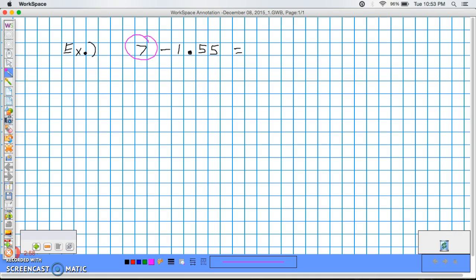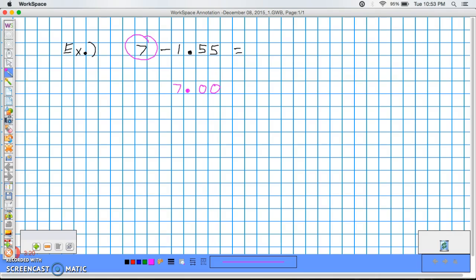You see the 7 does not have a decimal. That's no big deal. All you got to do is add the decimal behind it like this. So you have 7 whole dollars, decimal, 0, 0. This 7 means exactly the same as this 7, just only there's a decimal there, which is no big deal. So just always remember that.